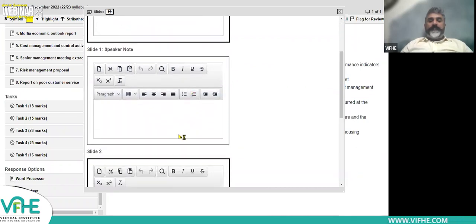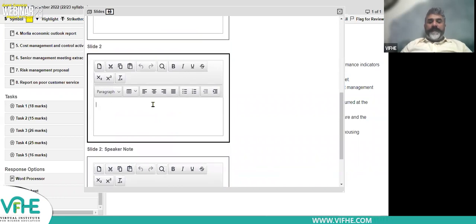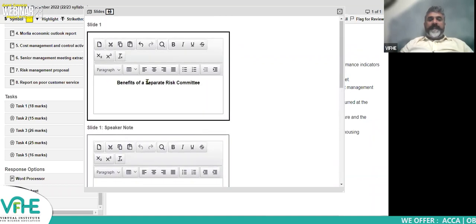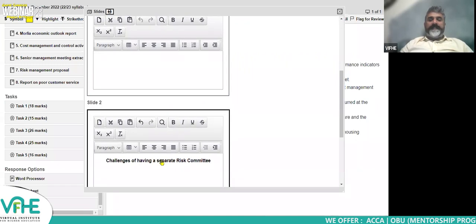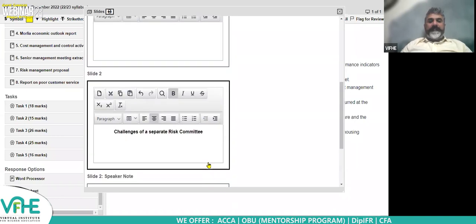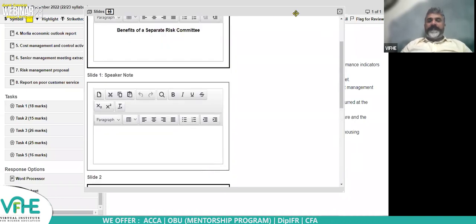And then the speaker notes we will fill later on. Slide number 2, what will be the heading? Challenges of having a separate risk committee. I will center it and bold it. Done. Slide 1 is the benefits of a separate risk committee and slide 2 is the challenges of a separate risk committee. As simple as that. So slides are ready. Skeleton is ready.